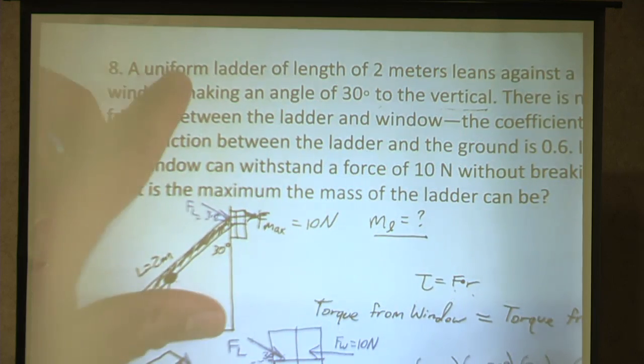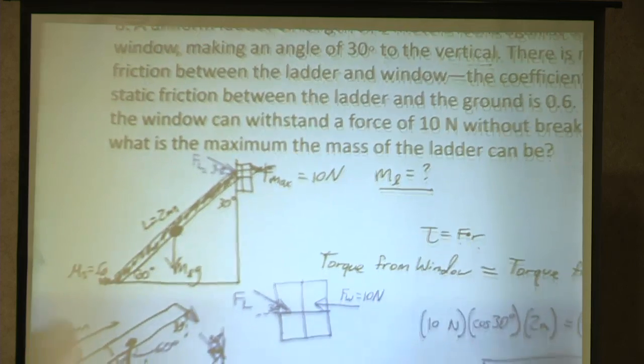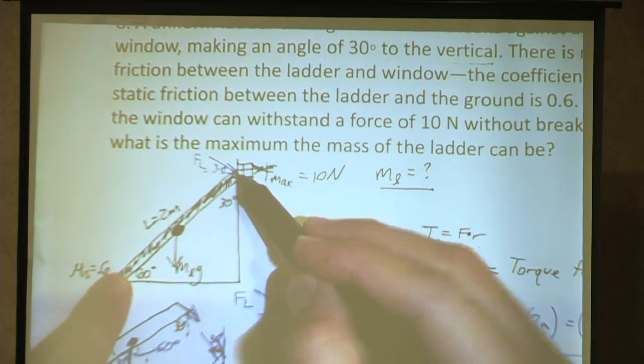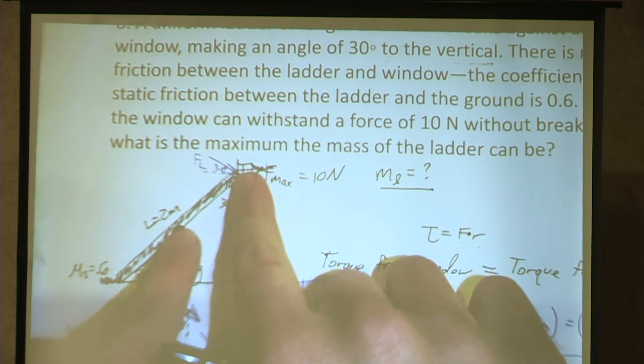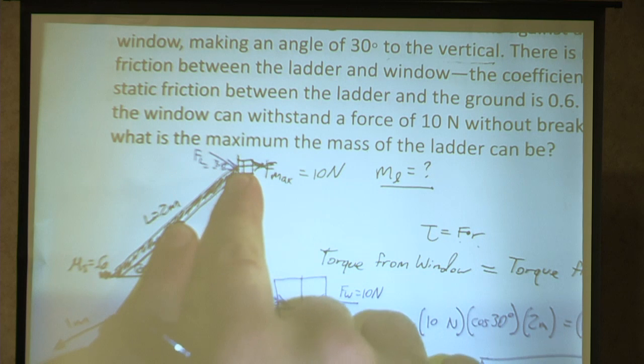They actually say it's a uniform ladder. So because the ladder was 2 meters long, that center of mass is at 1 meter from that point that everything is acting at. So in this right here, this whole length was 2 meters. It only acts at this middle point, so then the distance from here to here is 1 meter.